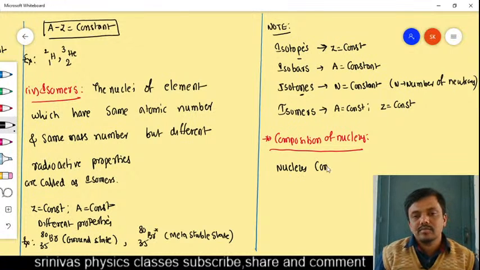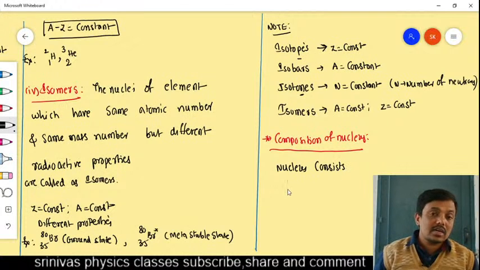Every atom consists of a nucleus at the center, according to Rutherford alpha scattering. We discussed that the nucleus is the very small part at the center of the atom.